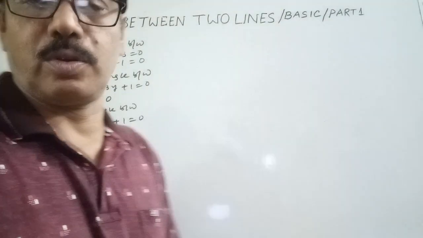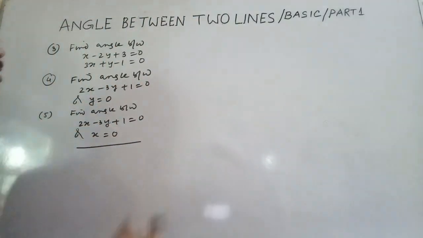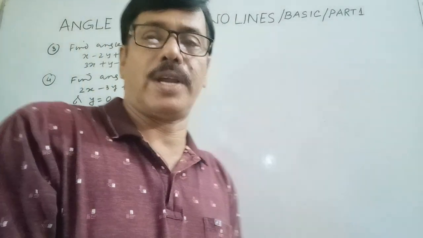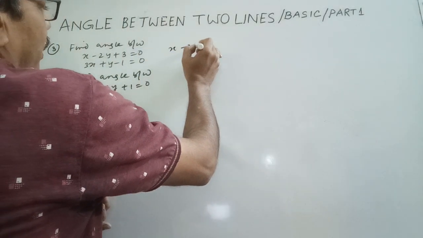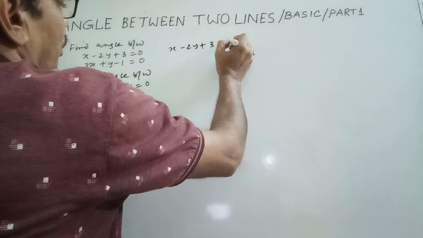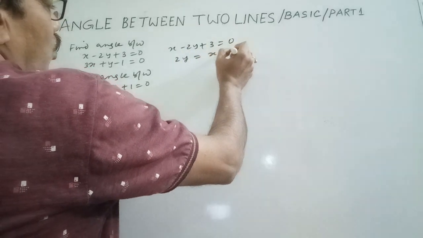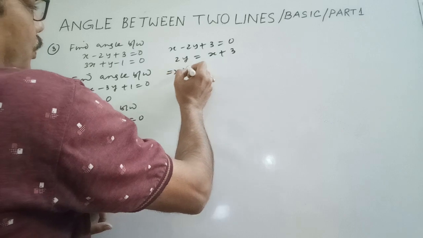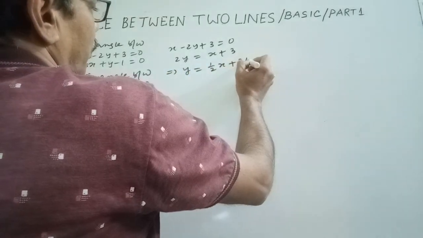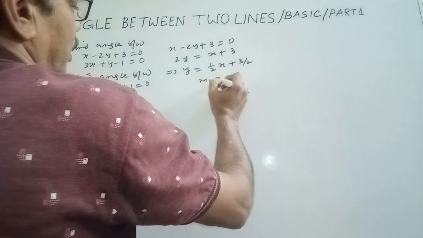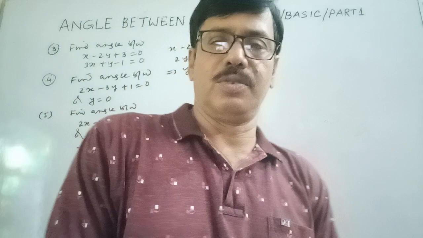To find the angle between them, you have to find the slopes. For the first line, to find the slope, you express y on the left hand side. So y equals half x plus 3 by 2. So m1 is half.